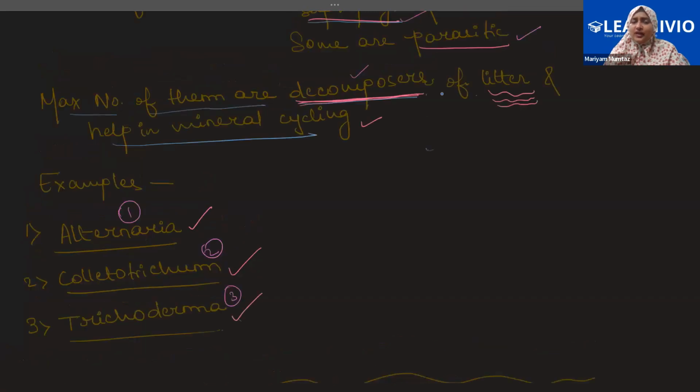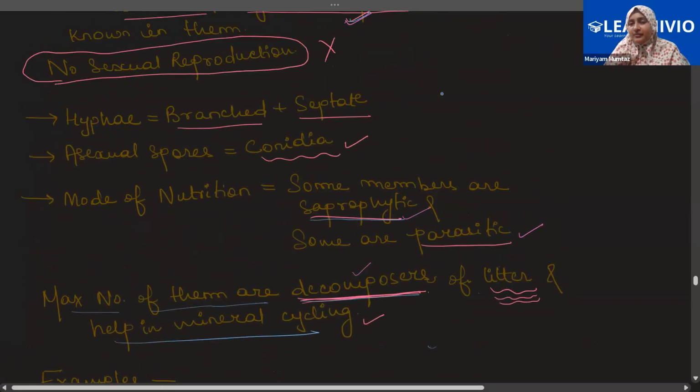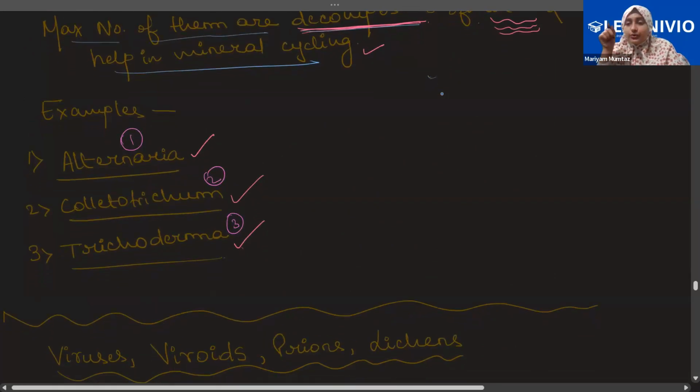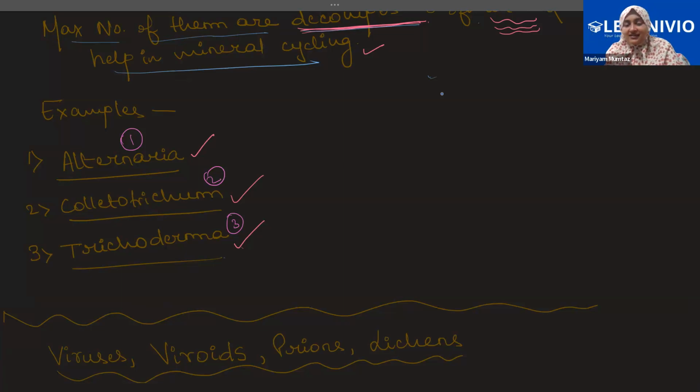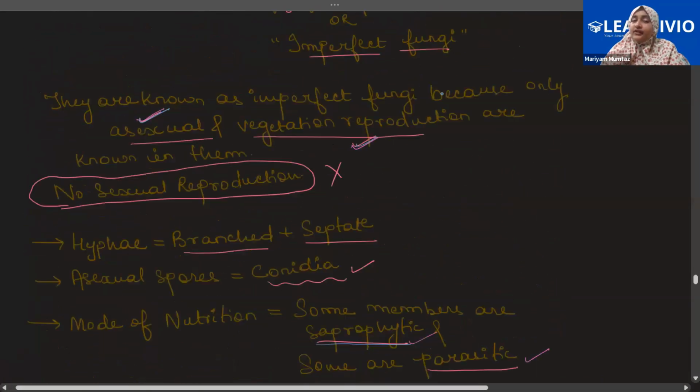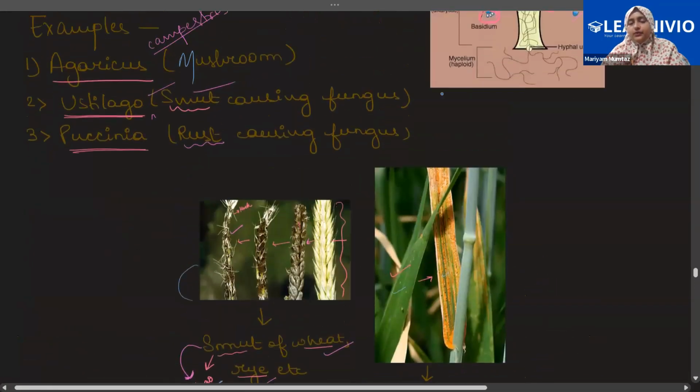One of them they have given is no sexual reproduction. So first you should know that Alternaria belongs to deuteromycetes, and then you can understand what will be its characteristics and what will not be its characteristics. So pay very close attention to the examples of each and every class of fungus.